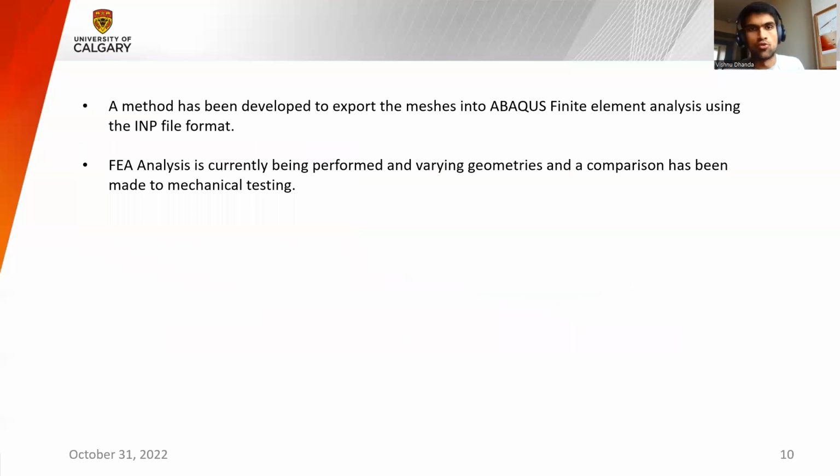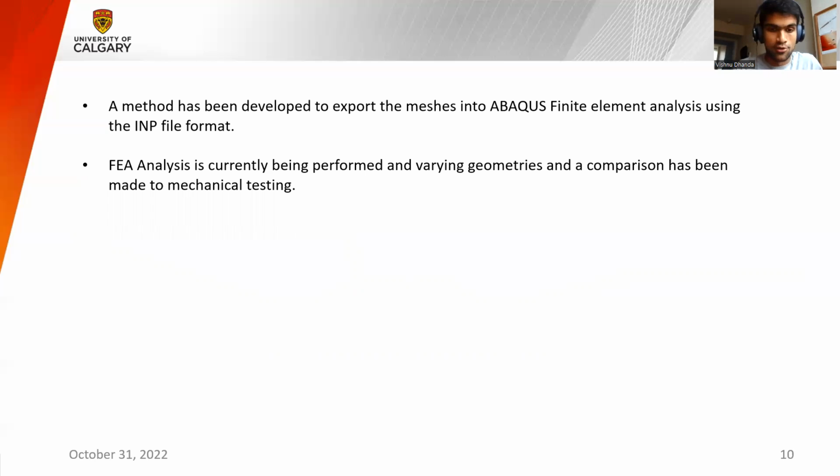We also developed a way to export these meshes into Abaqus, which is a really famous finite element analysis software. We also have this developed for ANSYS, but we're going with Abaqus. We are starting to perform finite element analyses on these meshes, and the nice thing about this is we can rapidly vary our geometry. We don't need to manufacture these geometries to check how good they are.